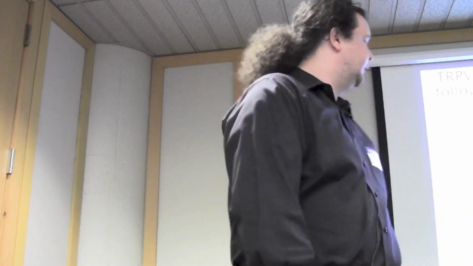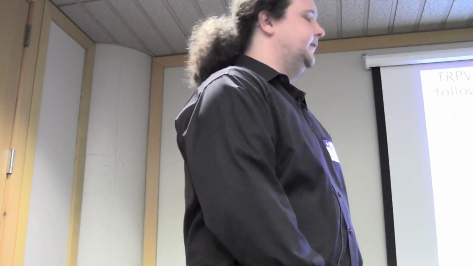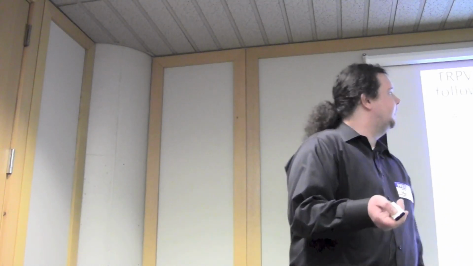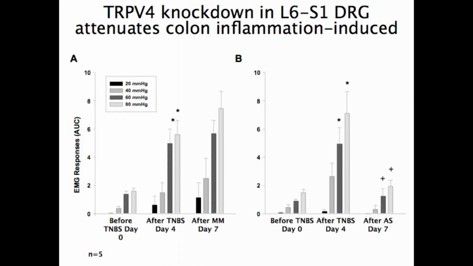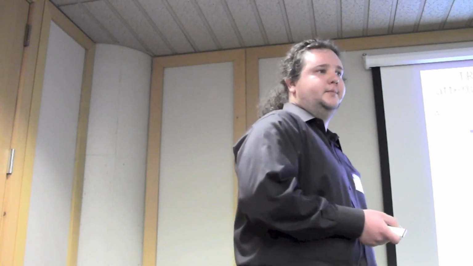And so on the left, you have protein from animals that have no inflammation, and on the right, protein from animals that have been given TNBS. And it does appear that it goes up. But that doesn't tell us a whole lot regarding its involvement. Maybe it just goes up and it's not doing anything.